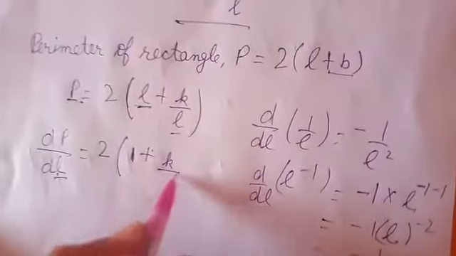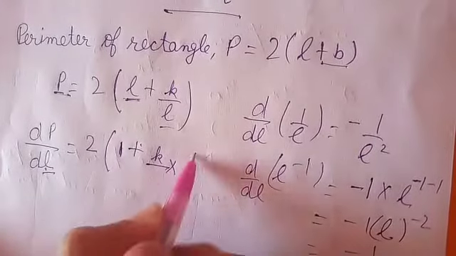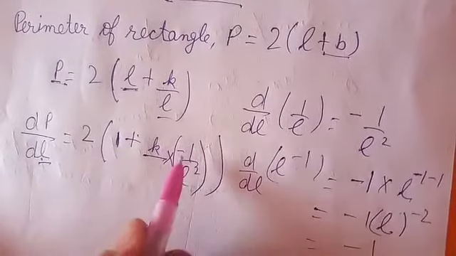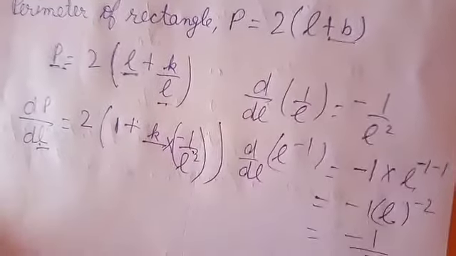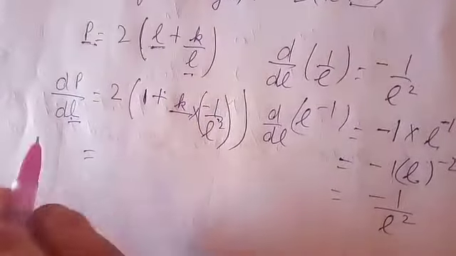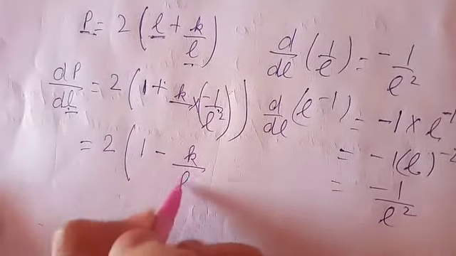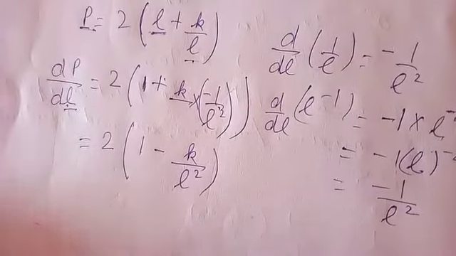So this becomes K into minus 1 by L square. It is the differentiation of 1 by L. So dP by dL becomes 2 into 1 minus K by L square.